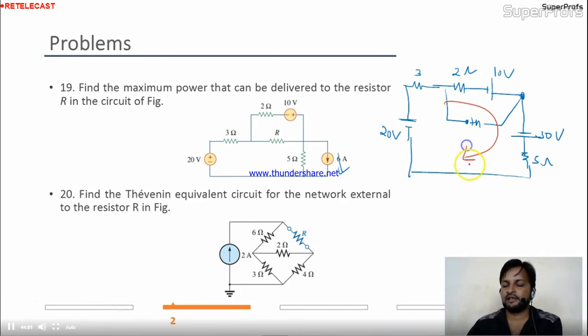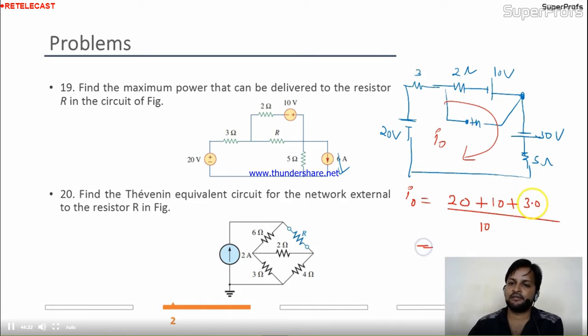Here this is the current in the circuit, and this current is nothing but 20 plus 10, and this is 30, this is also plus 30, divided by the series resistances 5, 5, 10.